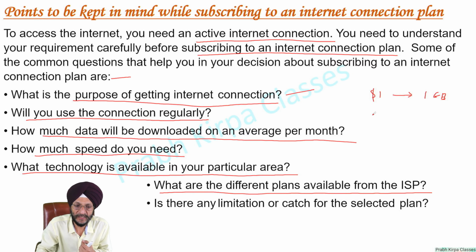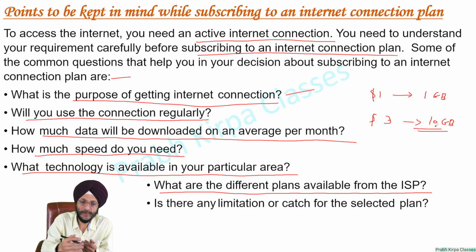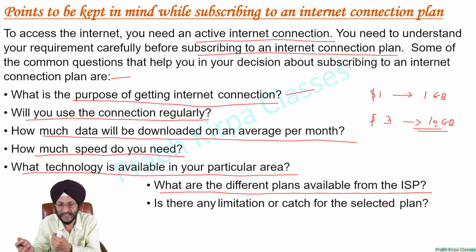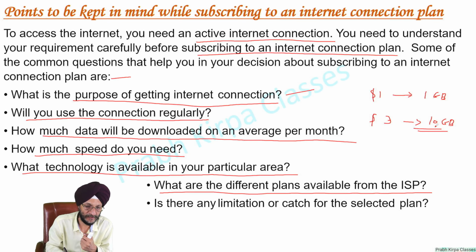Then there may be another who is providing 10 GB of data for $3. These types of plans have to be looked into from the different service providers which may be available in your particular area where you are residing or doing business.